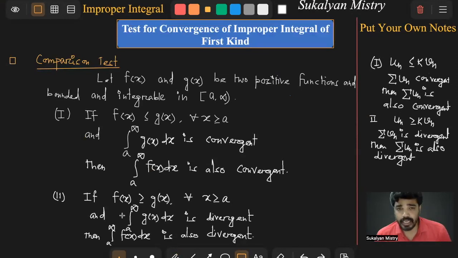And if f(x) is greater than or equal to g(x) and the integral of g(x) dx is divergent, then the integral of f(x) dx is also divergent. So recall this test.